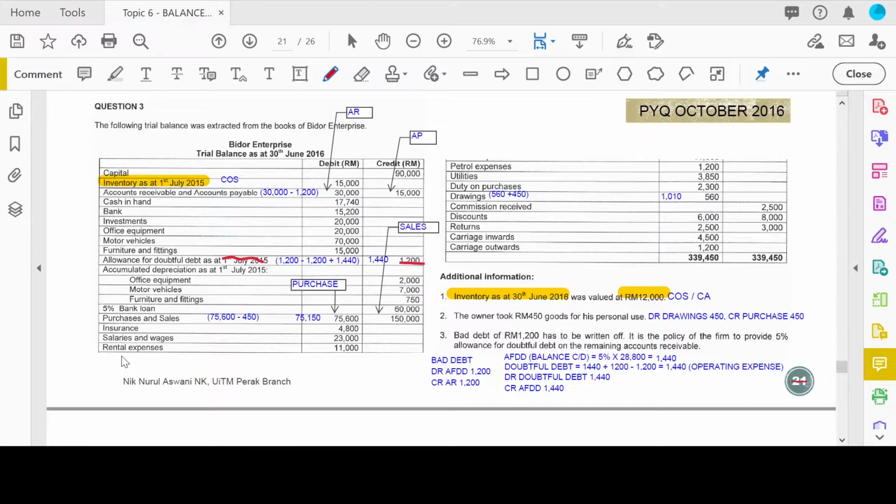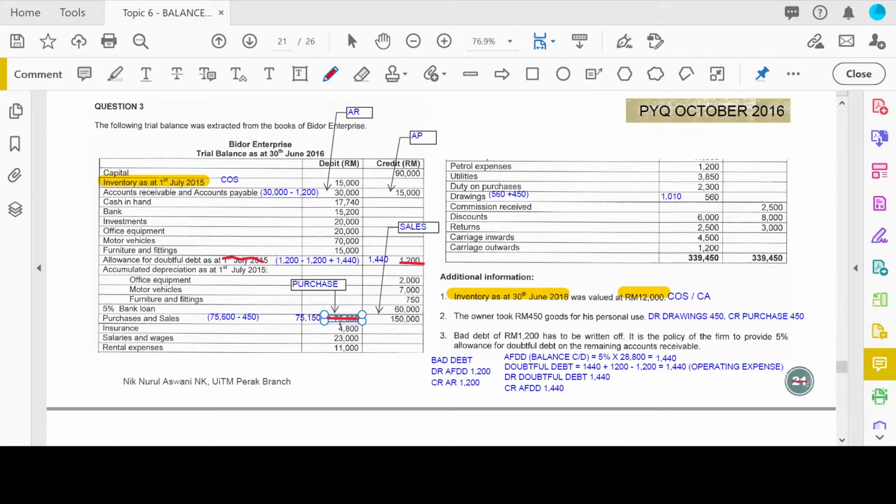But before that, let me cancel a few items. So this one you have to replace with the new balance.